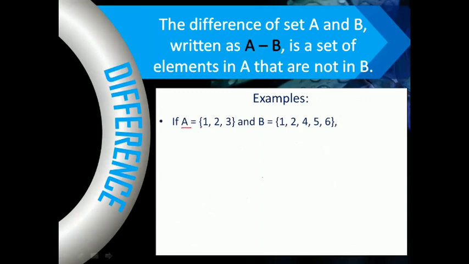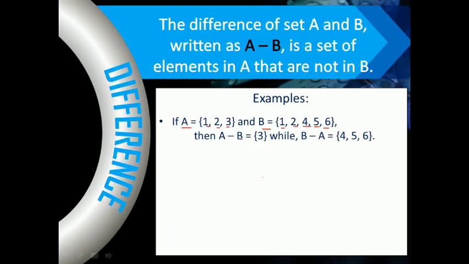If set A has the elements 1, 2, 3, and set B has the elements 1, 2, 4, 5, 6, then the difference of A and B, or written as A minus B, is only 3, while B minus A is 4, 5, 6.